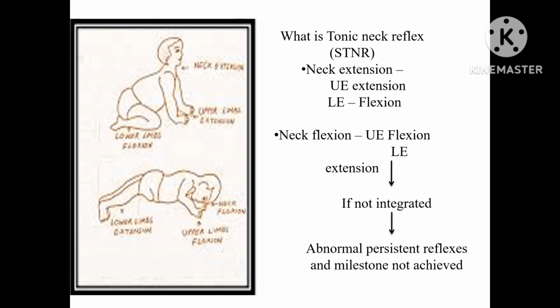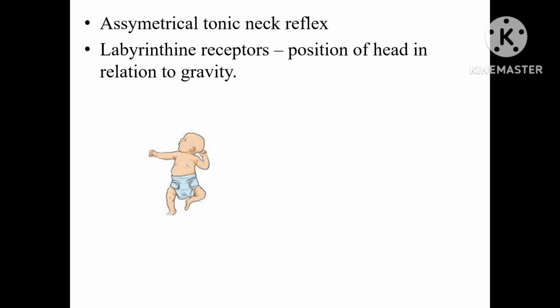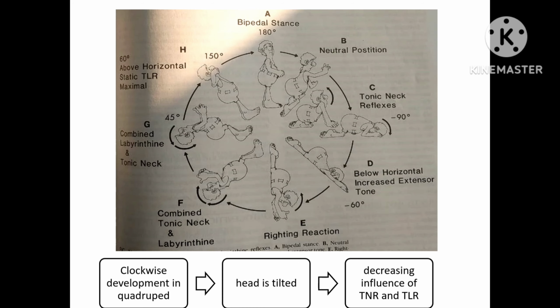Then coming to the ATNR, the asymmetrical tonic neck reflex. In ATNR, the head is rotated to one side, and on the skull side there will be flexion, and on the head side, the face side, there will be extension of the upper and lower extremity.